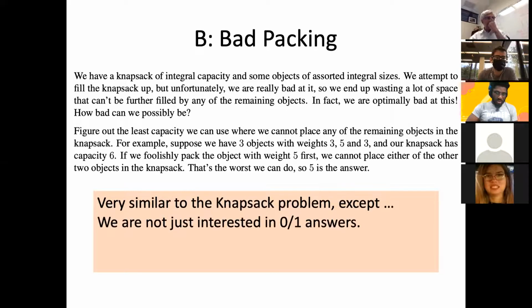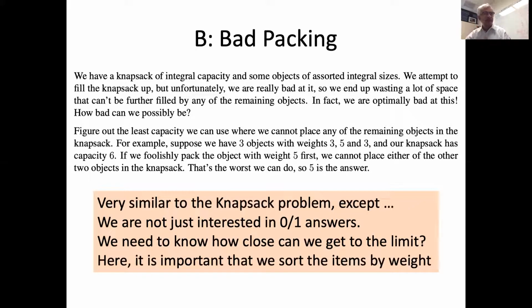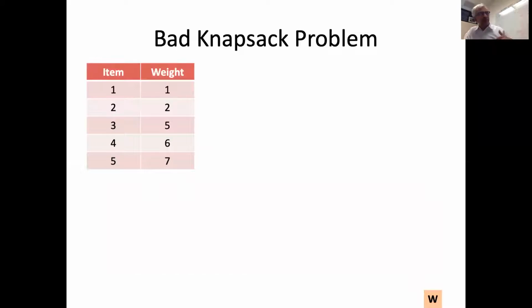So it's very similar to the knapsack problem, except that we're not interested in 0-1 answers. Instead, we want to know how close we can get to the limit, or really how far we can stay from the limit. And it turns out, by the way, in the previous problem, the ordering of the items didn't matter.